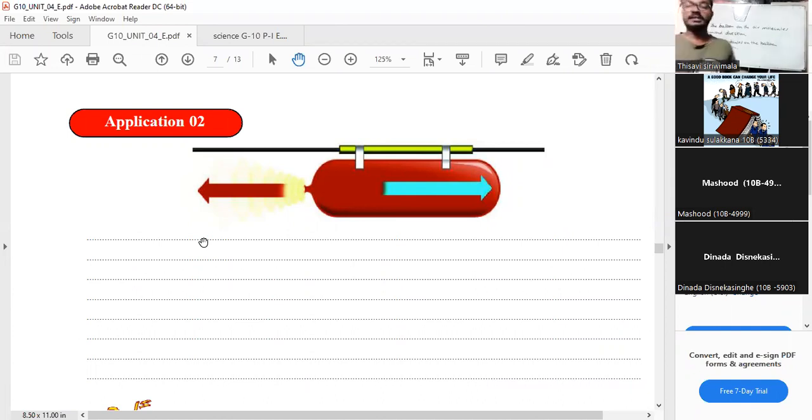Okay, so we'll write the action. Action by the balloon on the air molecules into the left direction.